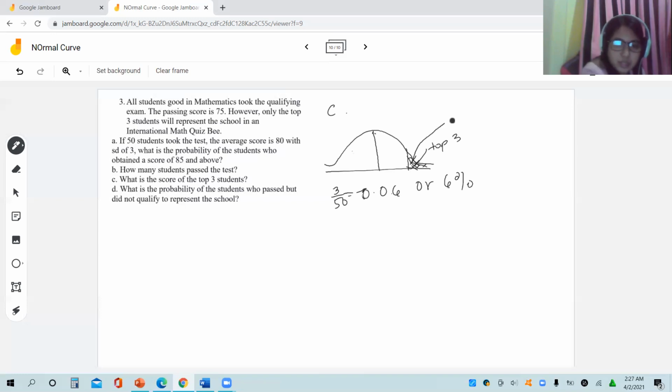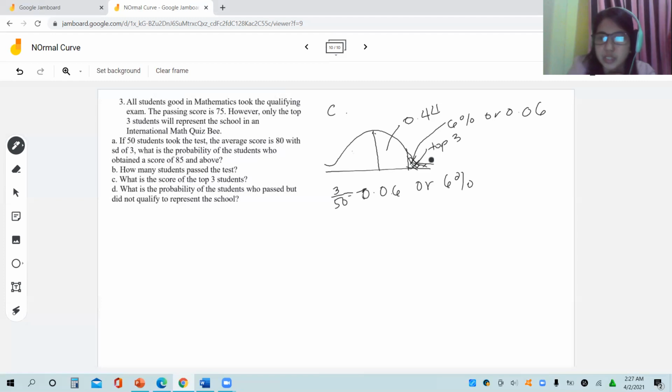So if this is 6% or 0.06, then it means that this is 0.44. So if our value here is 0.06, it means that from 0 to the z, which is not yet defined, is 0.44. So how will we know what is the value of z?